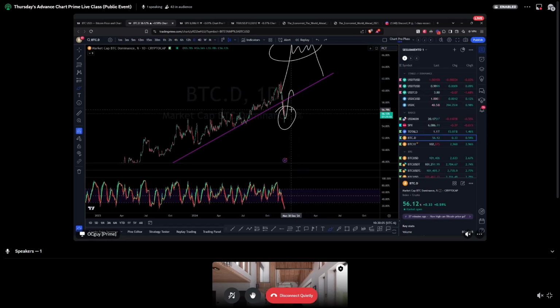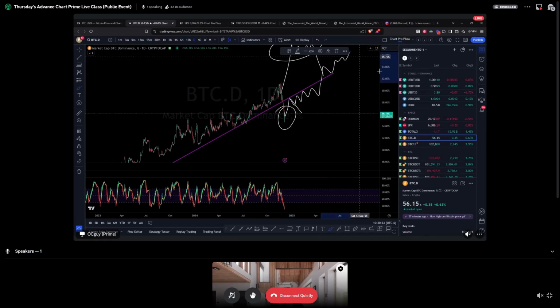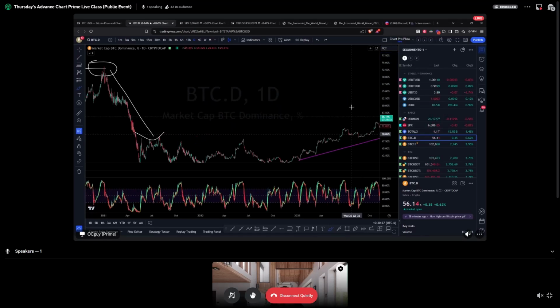And the next one, less ideal, would be going here, not rejecting, just holding here and then keep going upwards, but right against that trend line, and then breakthrough, retest, and off we go, and then keep going a little bit higher.